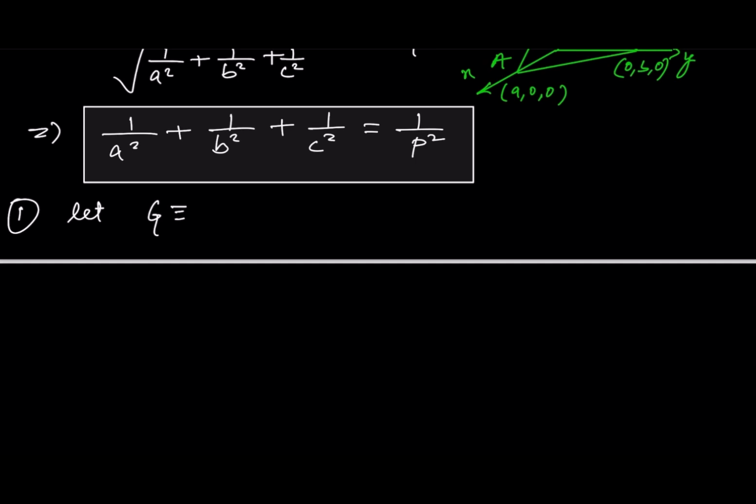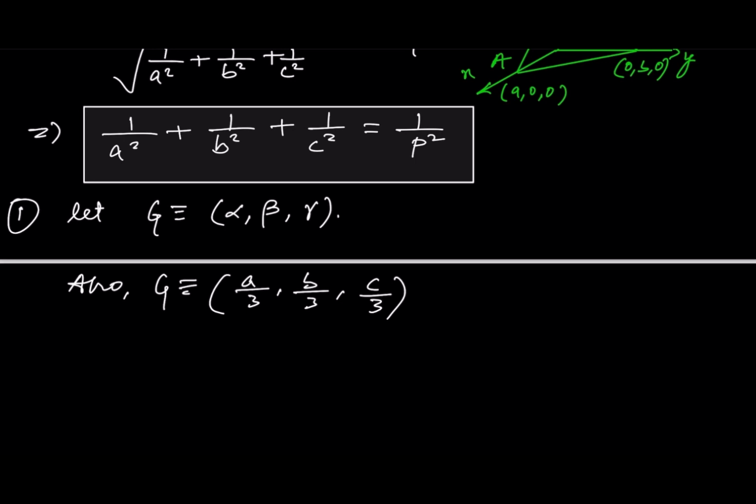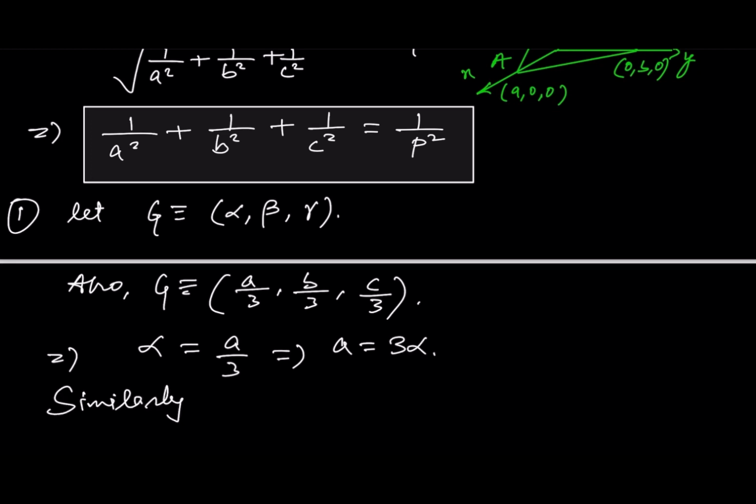Let's say it is (alpha, beta, gamma), and also G will be (a by 3, b by 3, c by 3). So alpha is equal to a by 3, which implies a is equal to 3 alpha. Similarly, b is equal to 3 beta and c is equal to 3 gamma, right?